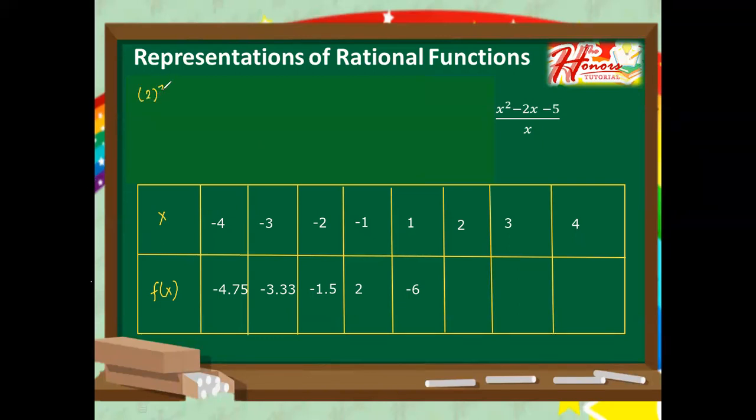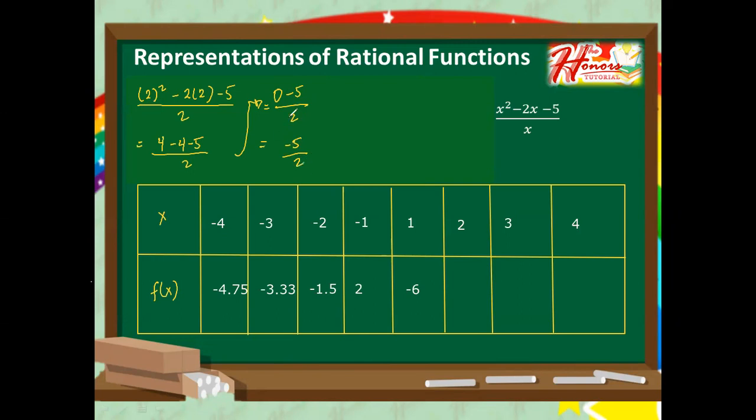So that's 2 squared minus 2 times 2, minus 5 over 2. 2 squared is 4. Negative 2 times 2, that's negative 4, minus 5 over 2. So 4 minus 4, that's 0, minus 5 over 2. 0 minus 5 is negative 5 over 2.